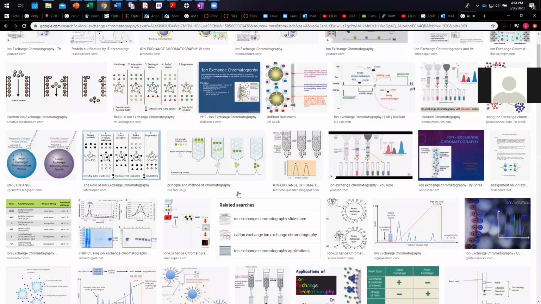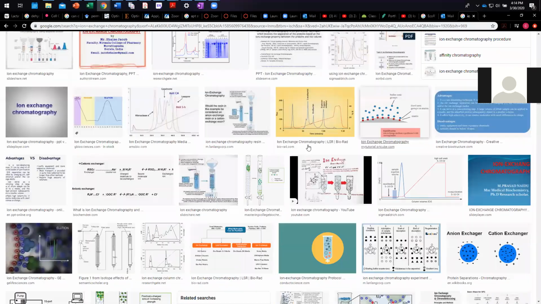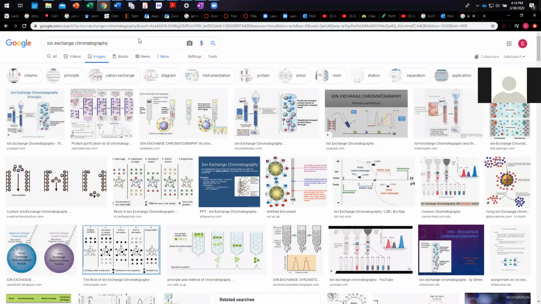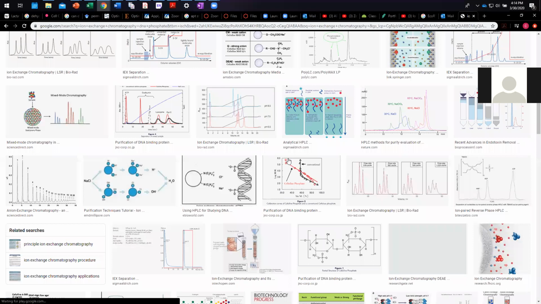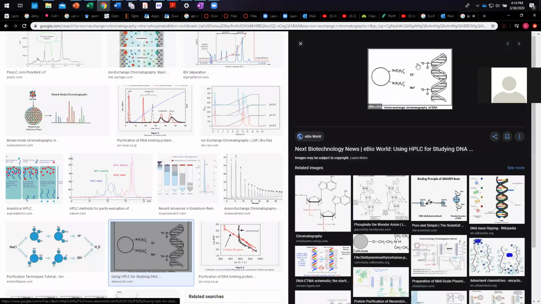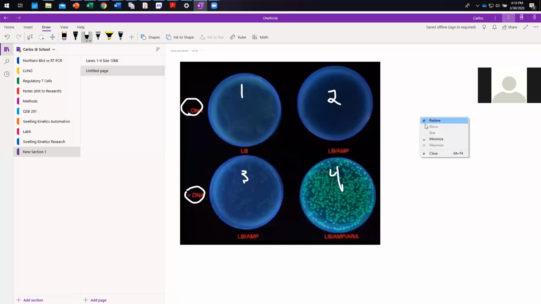I'll just copy the image and put it in OneNote.